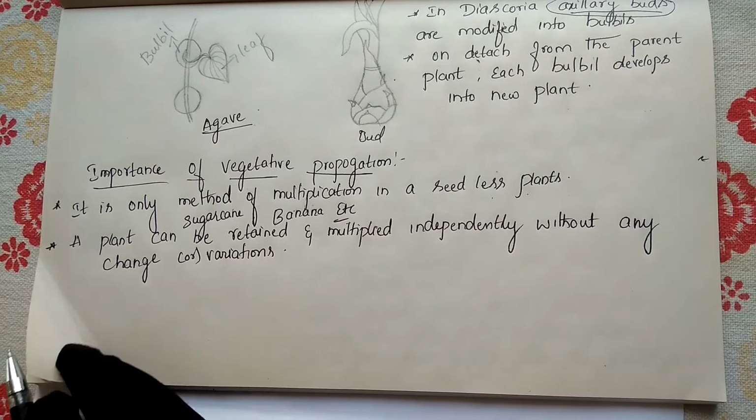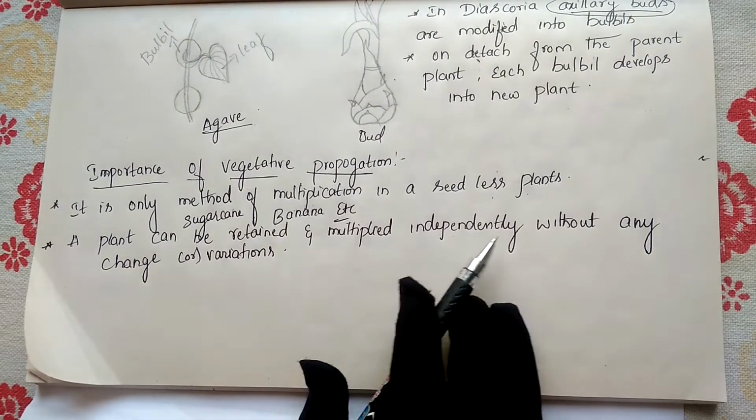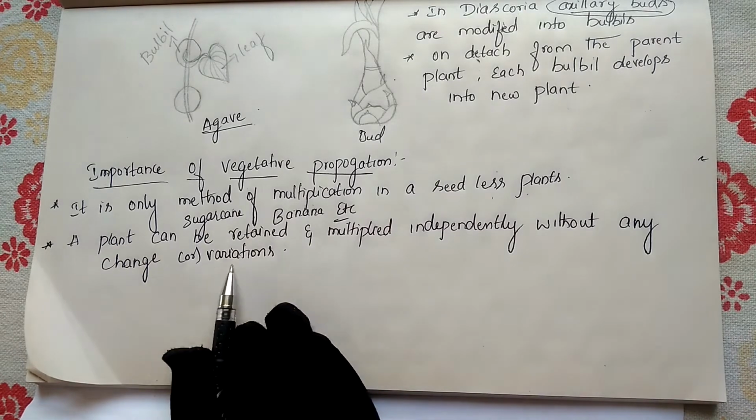So through the vegetative method, a plant can be retained and multiplied independently without any change or variation.